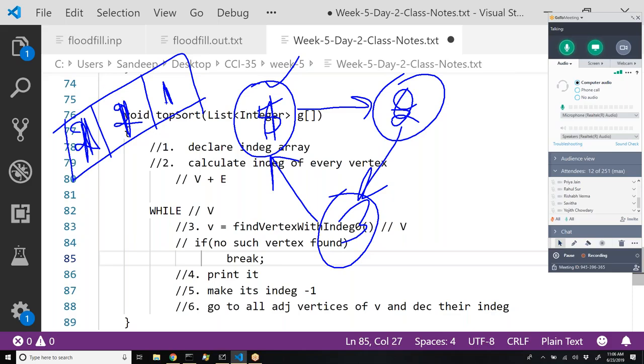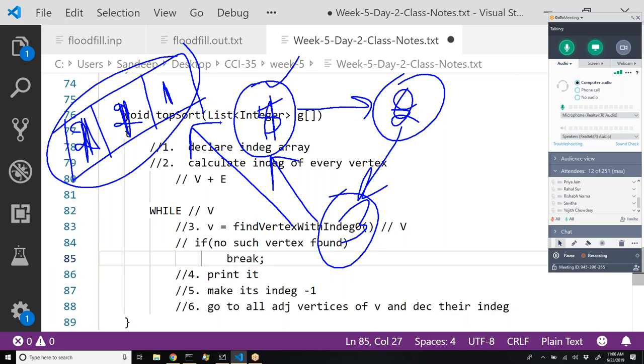Can't pick, because 1 doesn't have in degree 0. Directed acyclic, yes, in today's context that way. But if I give you a cyclic graph, in this case we will not be able to proceed. So ideally we should have a way to detect it. If we are calling a function and saying give me a vertex whose in degree is 0, and it doesn't find one, it says none of them has 0, we should have a way to detect that and we say break.